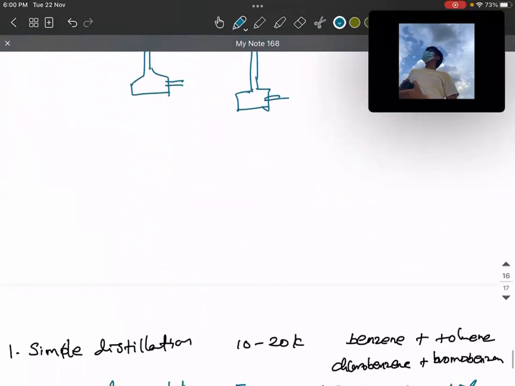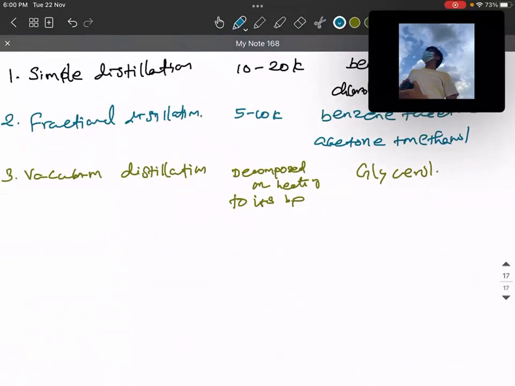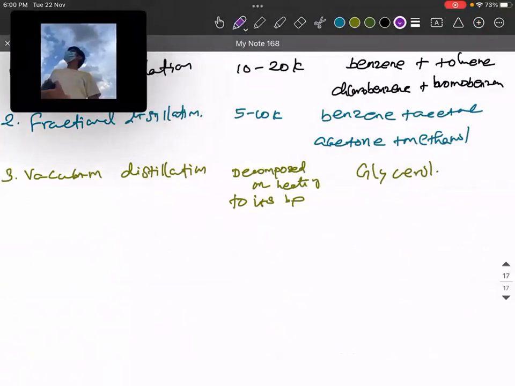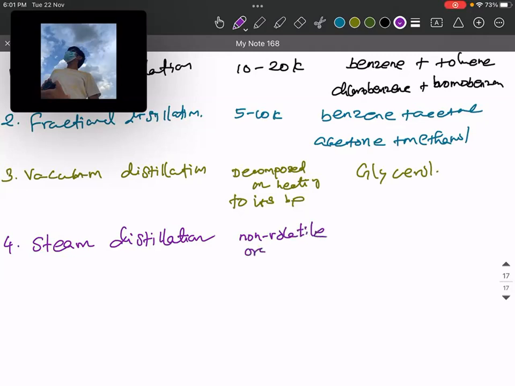So this is known as, finally you have the four. One is steam distillation. Using steam, if you are distilling, it is called steam distillation. It is used if you have non-volatile impurities, organic and inorganic.